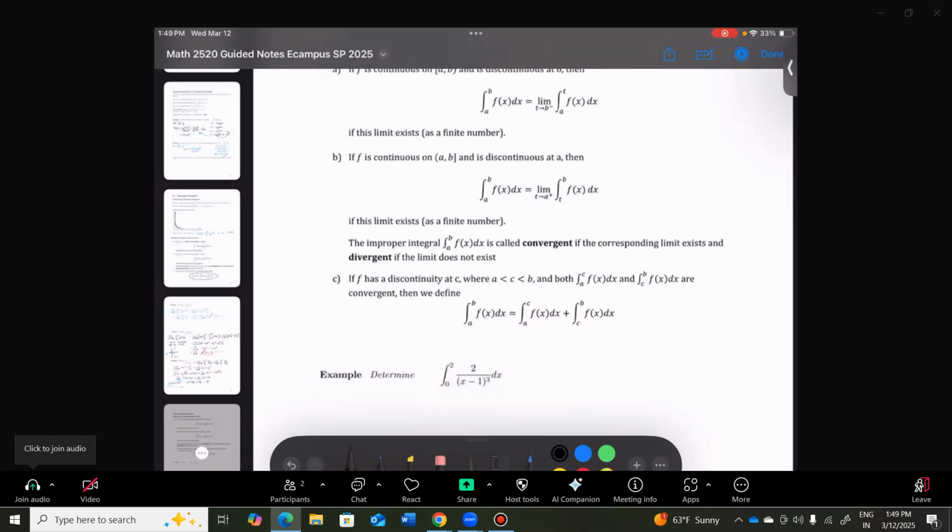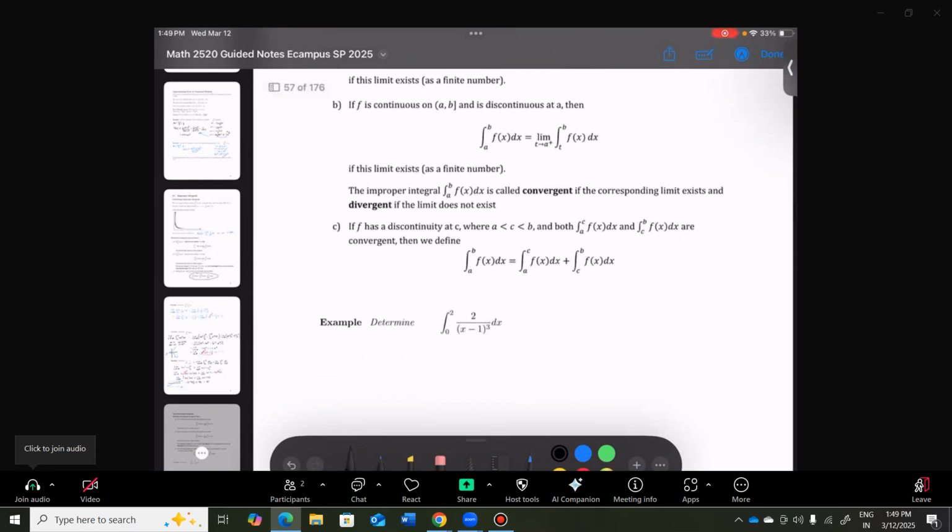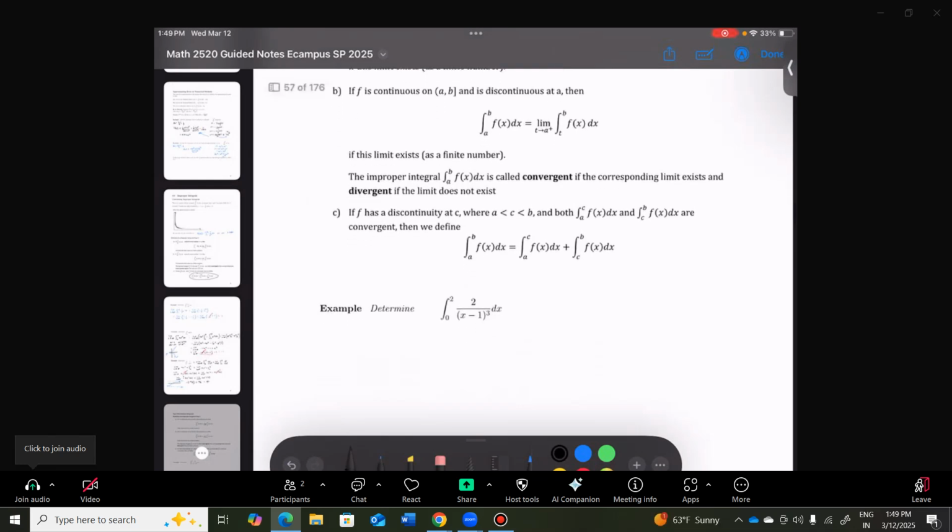And the other part of this is if it's continuous from a to b and discontinuous at a, then the integral from a to b of the function is the limit as t goes to a from the positive side of the integral from t to b of f of x dx, again, if this limit exists as a finite number.